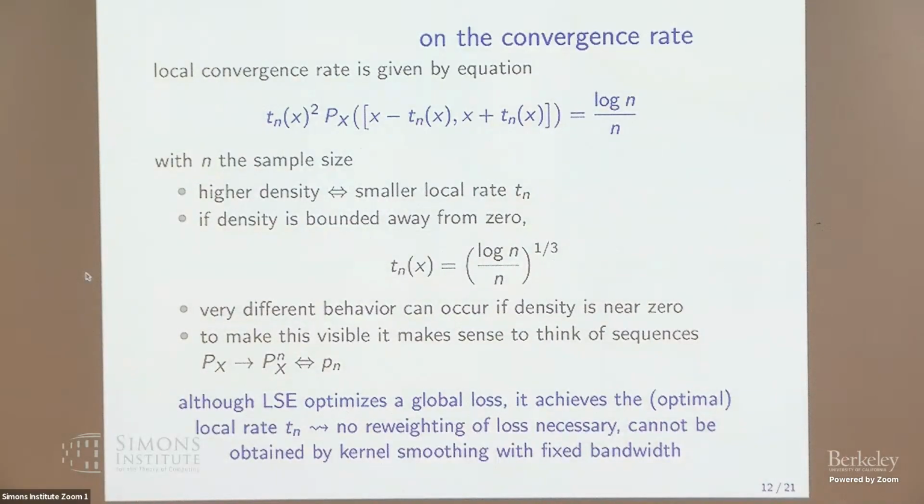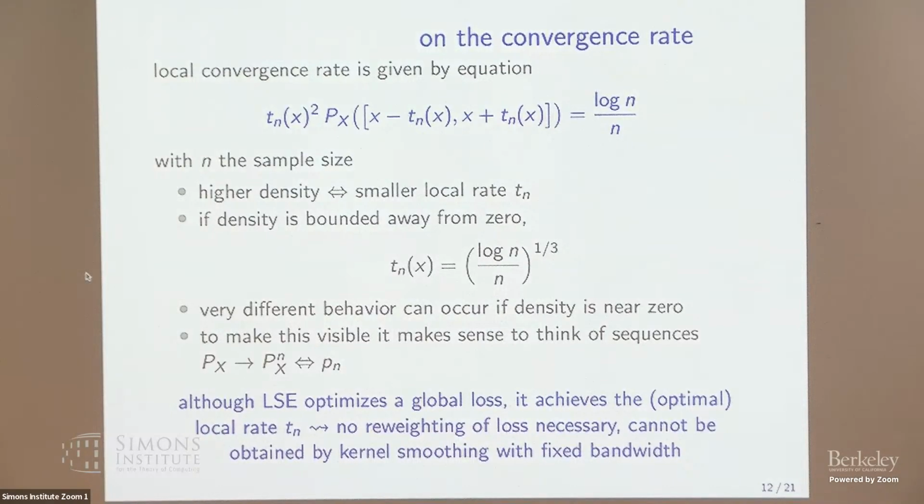Okay, and it's a nice observation that the least squares estimator, although it optimizes a global criterion, also does locally very well. Also in the weighted sup-norm distance, which is stronger than L2, it still performs with the optimal convergence rate.